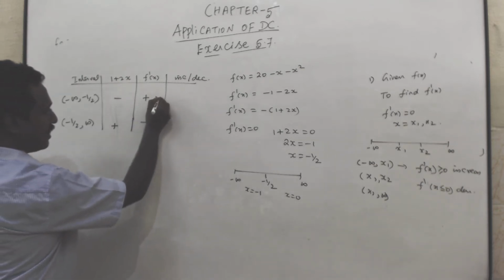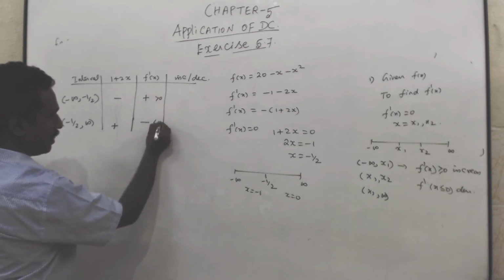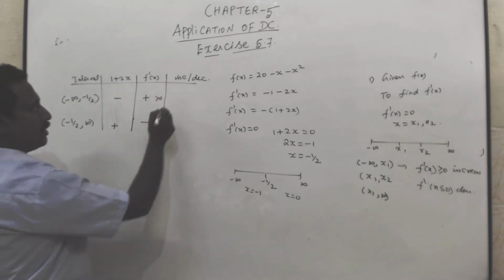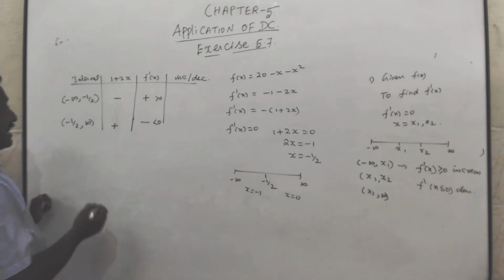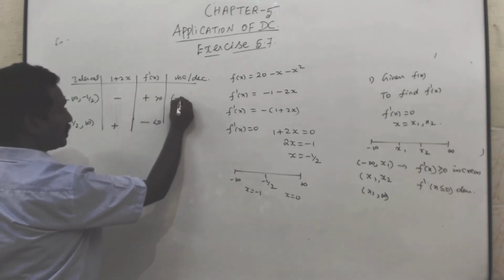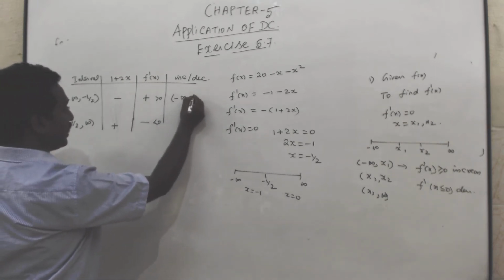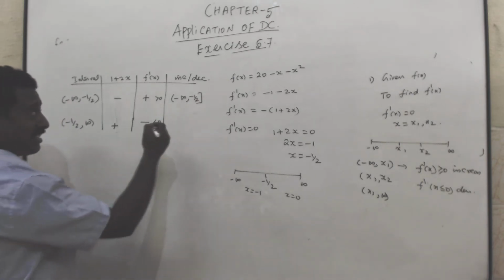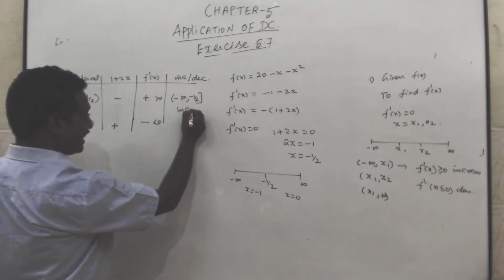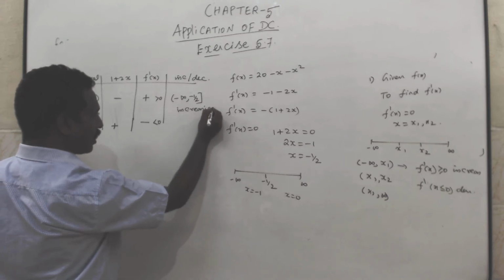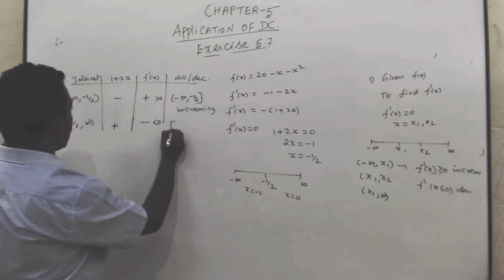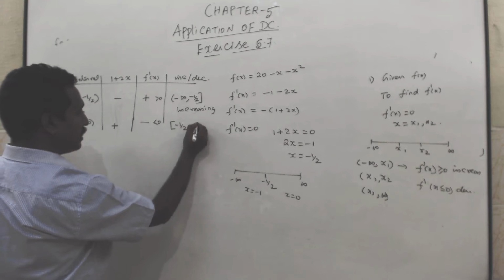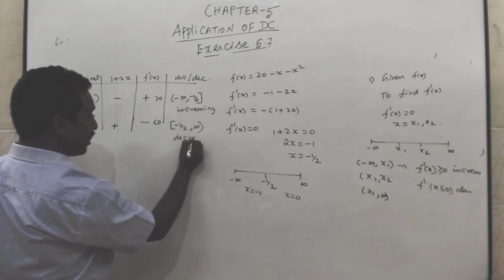Plus means greater than 0, minus means less than 0. So, writing the closed intervals: minus infinity comma minus half, f dash of x greater than or equal to 0, that is increasing. Minus half comma infinity is decreasing.